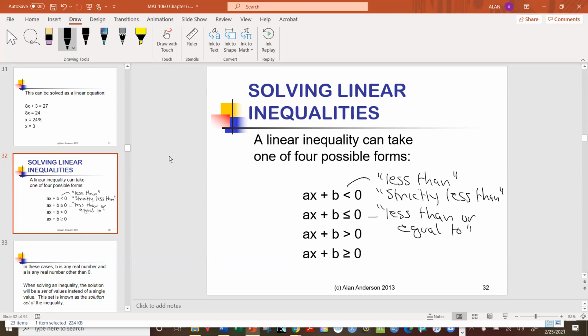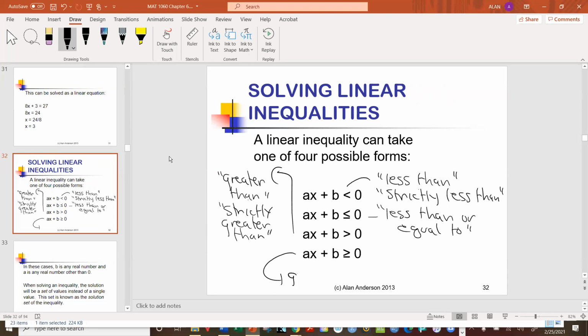This one means greater than, or sometimes strictly greater than. And then finally, this one is greater than or equal to.